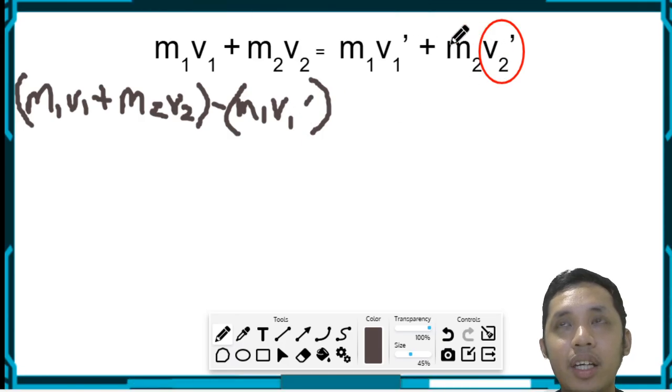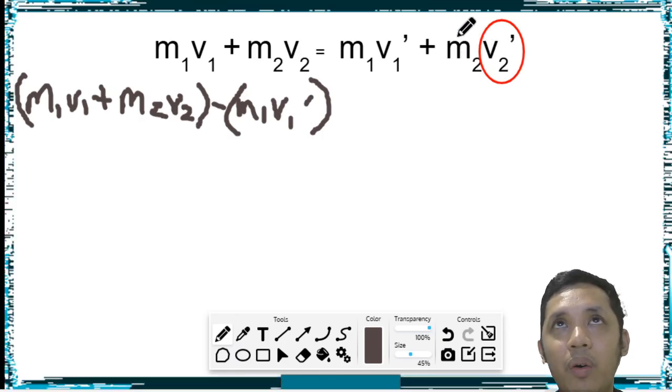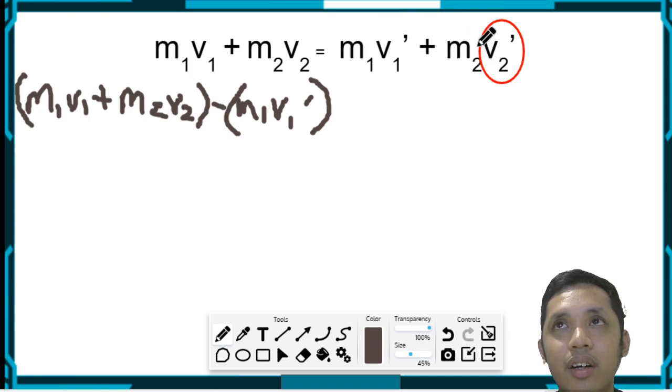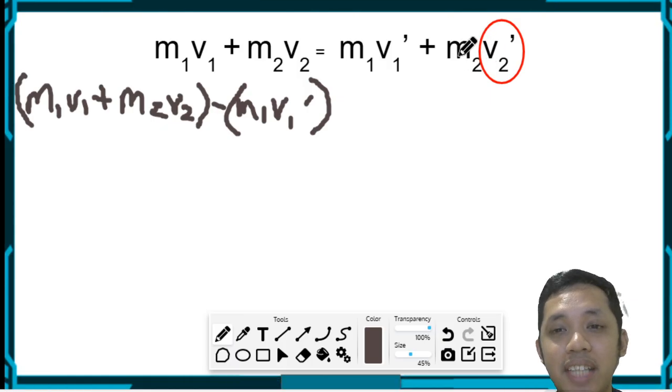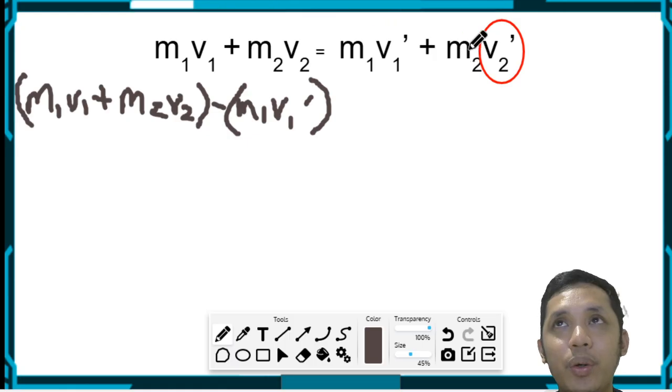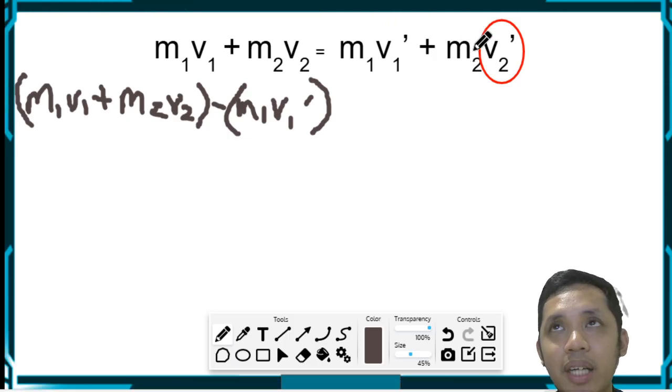Okay? So now, the only variable on this side that should not be on this side is the m sub 2, or the mass of the second car or object. Since this variable is inversely proportional to the variable that we are looking for, we can make this variable a denominator on the other side.